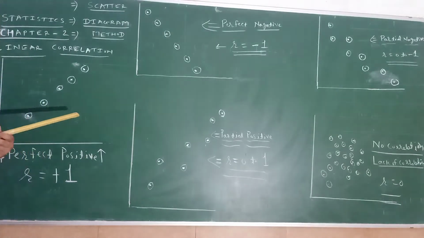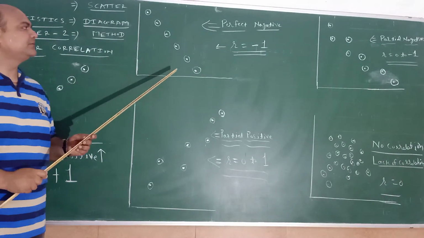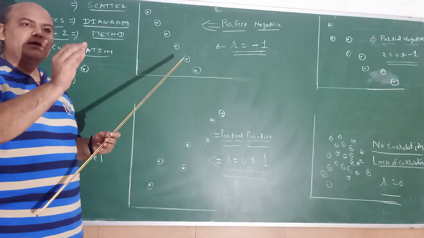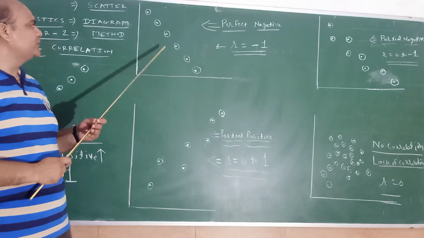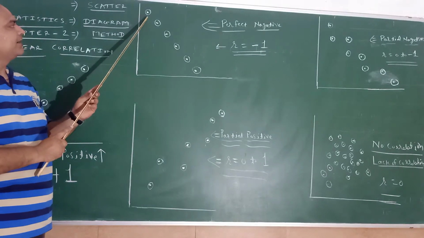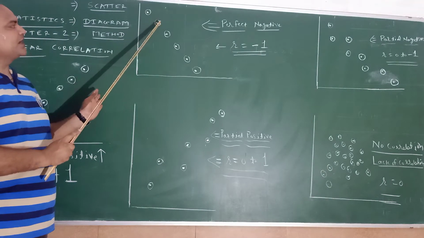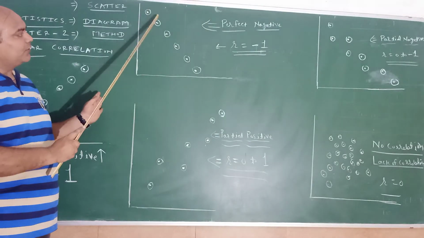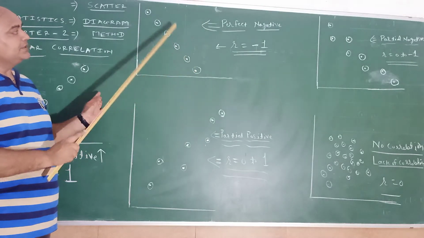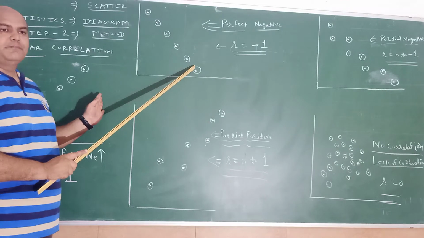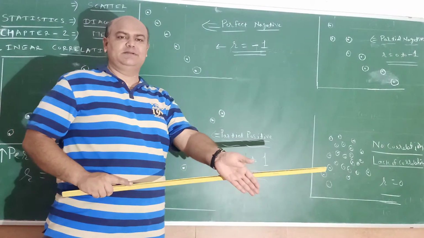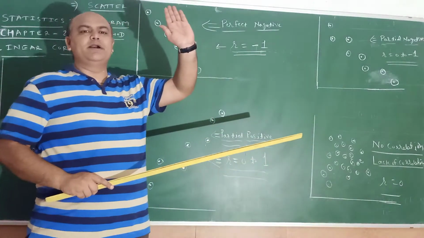Another type is perfect negative. Properly see, students, in this particular diagram, the dots are moving in a straight way, but they are moving downward, not upward.